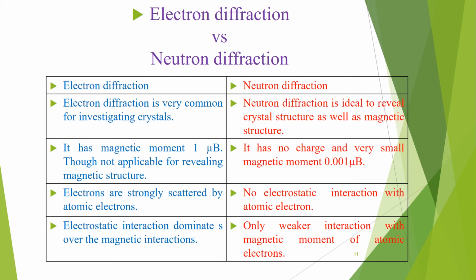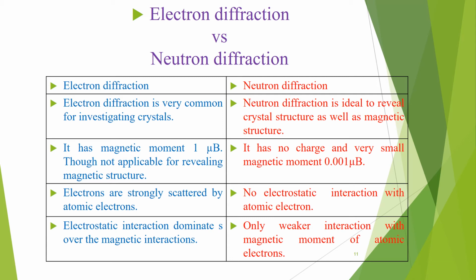So here we are comparing the electron diffraction technique versus neutron diffraction. In electron diffraction, the diffraction of electrons is very common for investigating crystals, while neutron diffraction is ideal to reveal the structure of a crystal as well as the magnetic structure of that crystal.